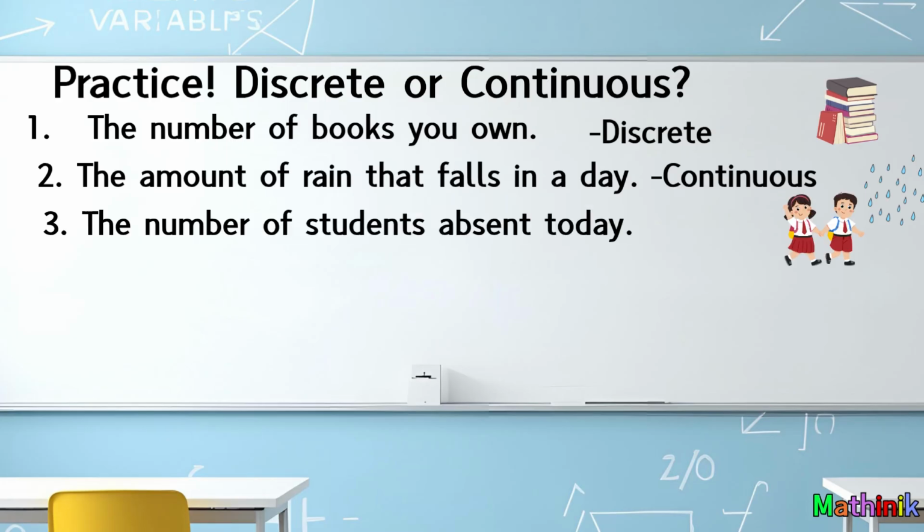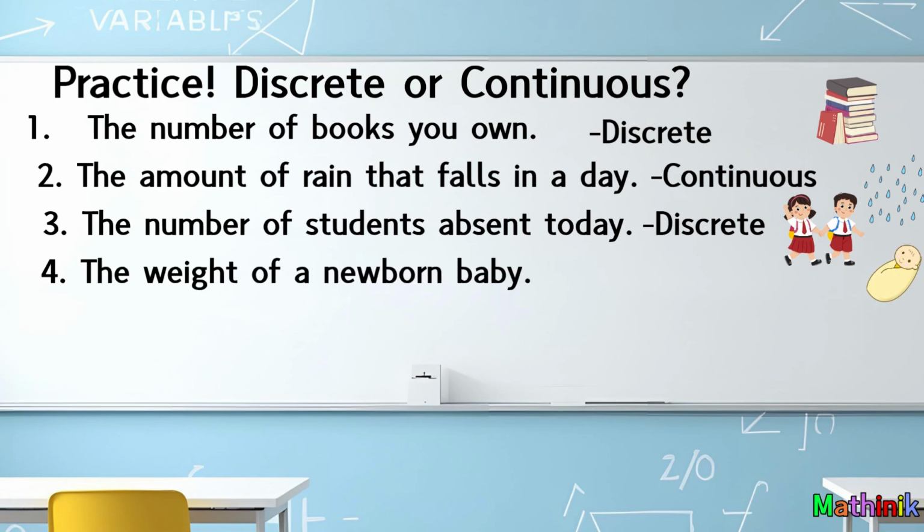Number 3, the number of students absent today. That's discrete because you count whole people, not fractions. Number 4, the weight of a newborn baby.